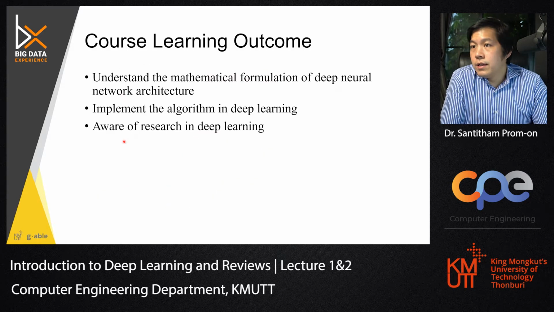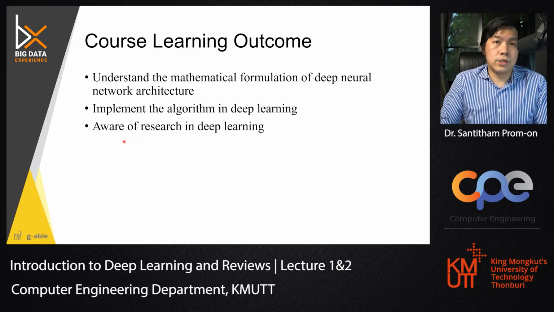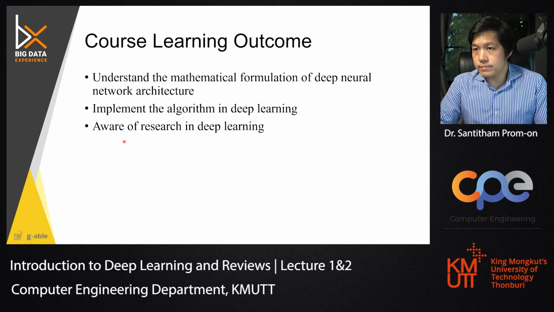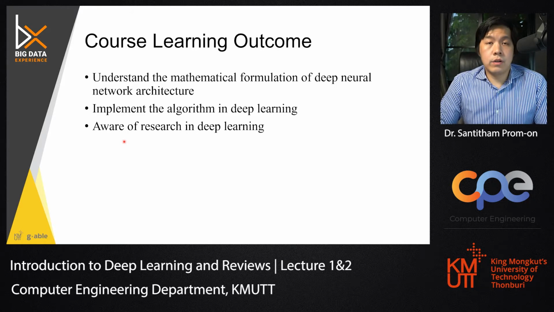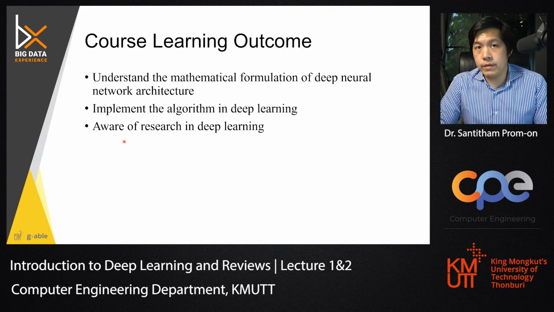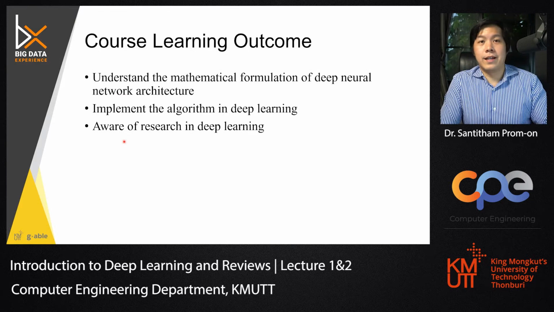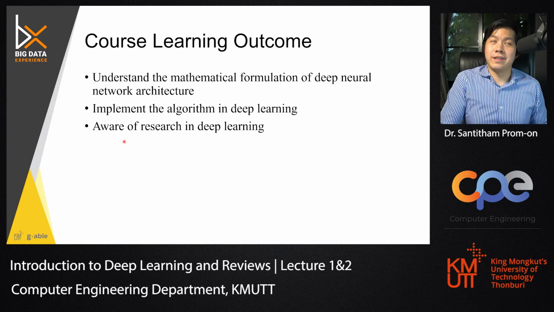Okay, so here are the learning outcomes. The learning outcome in this course is to understand the mathematical formulation of the deep neural network architecture, and you will also implement algorithms in deep learning, but mostly you can use libraries later on, though I think in the first 2 lectures you need to write it on your own, if I remember correctly.